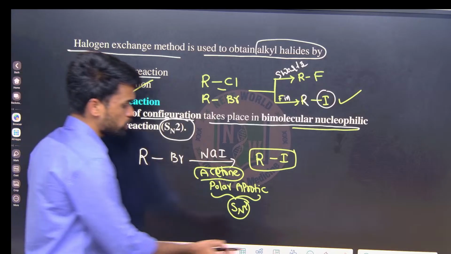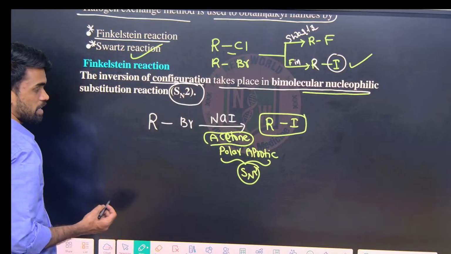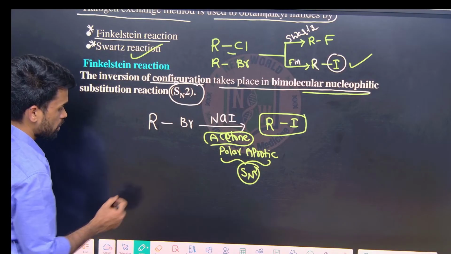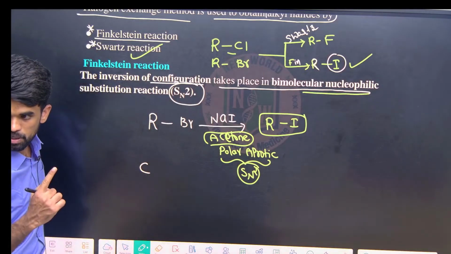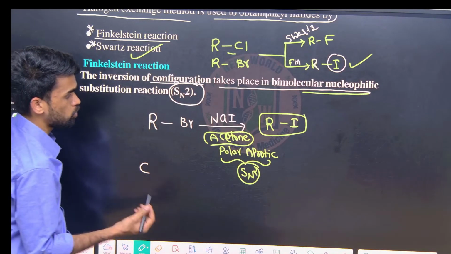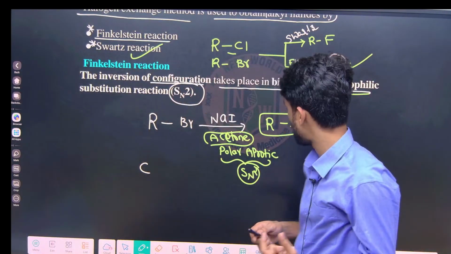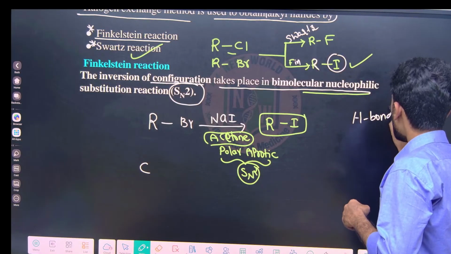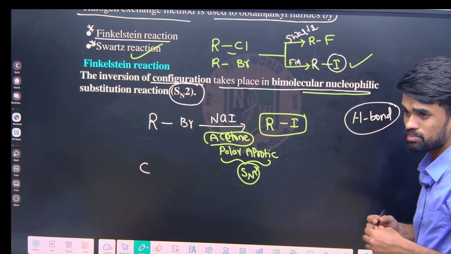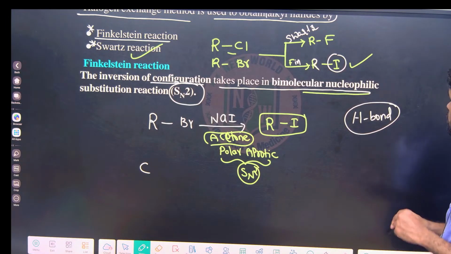See, I will tell you about solvents again, but listen here. Polar means the bond present between the atoms should be a polar bond. Aprotic means they should not form hydrogen bonds. Do you remember, in the last class we discussed this.